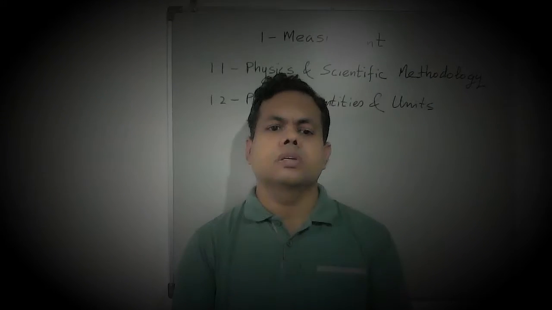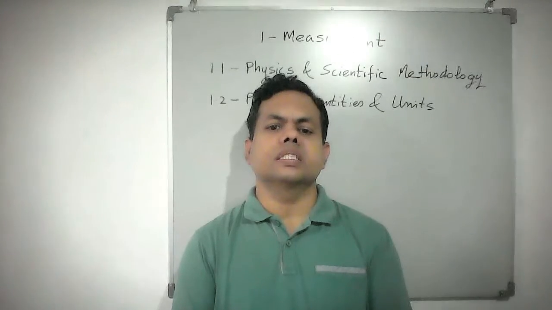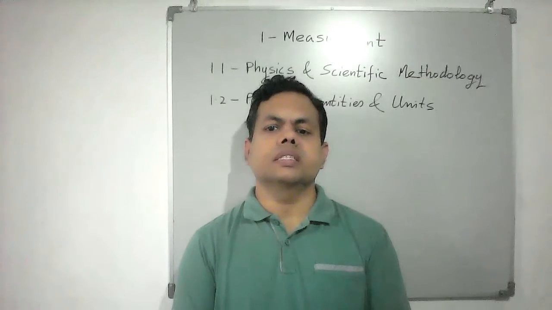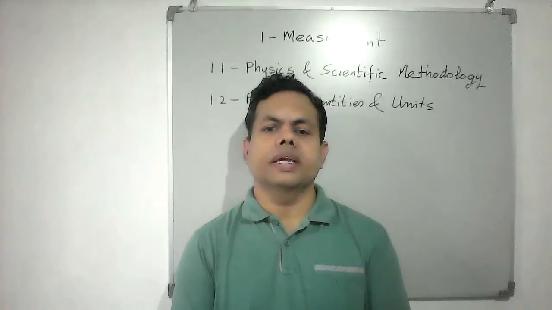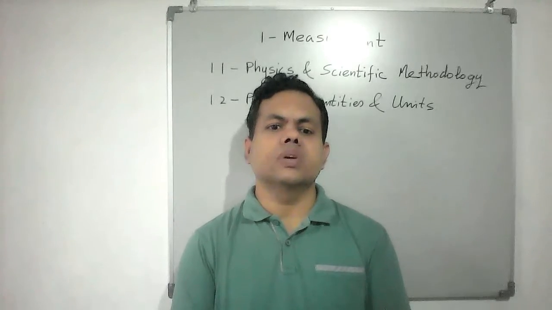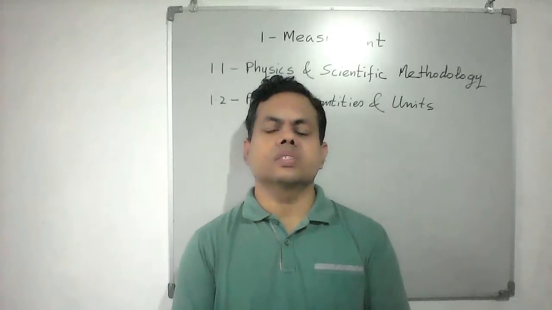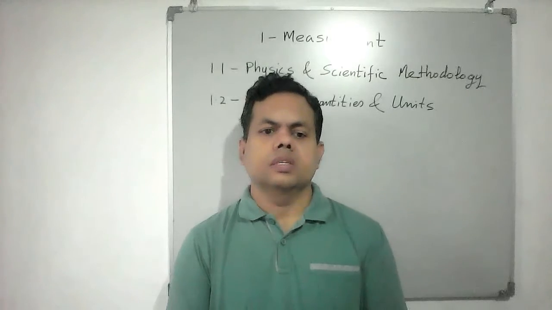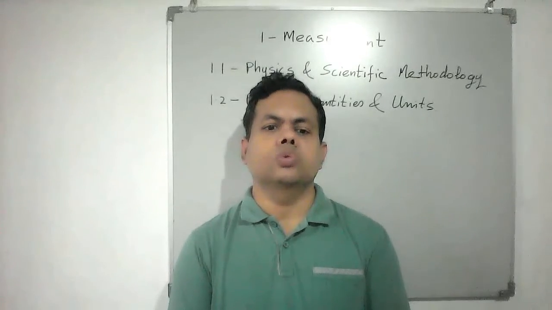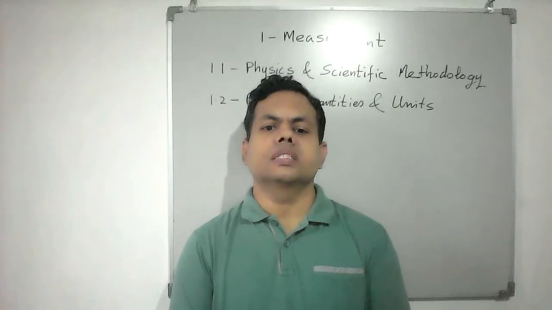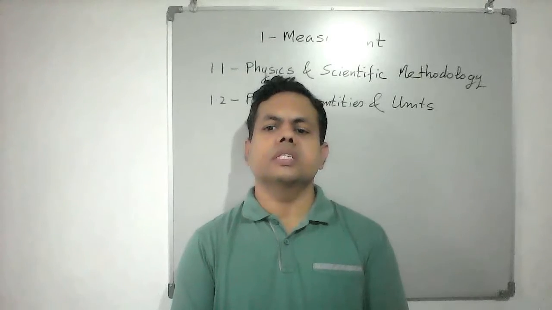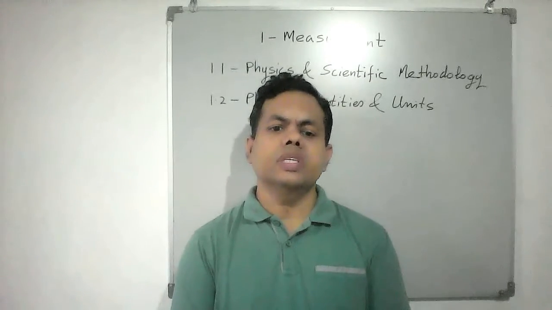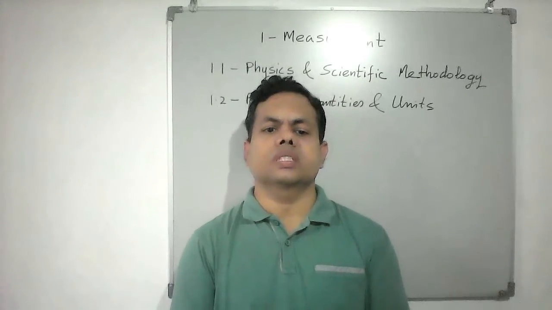Number 1, radian: 1 radian is the angle subtended at the center of a circle by an arc equal in length to the radius of the circle. Number 2, steradian: a steradian is the solid angle subtended at the center of a unit sphere by a unit area on its surface.